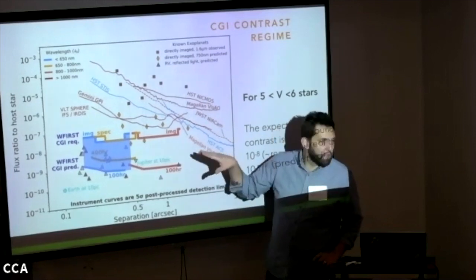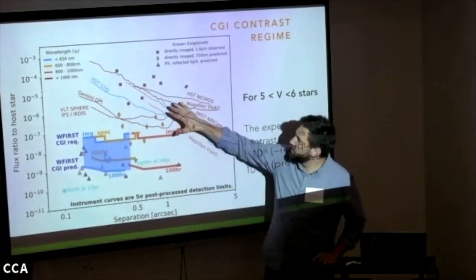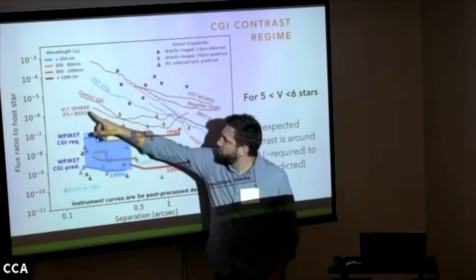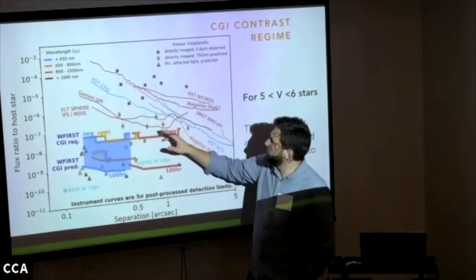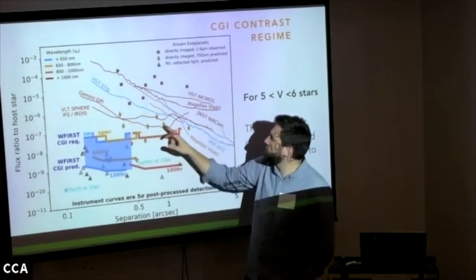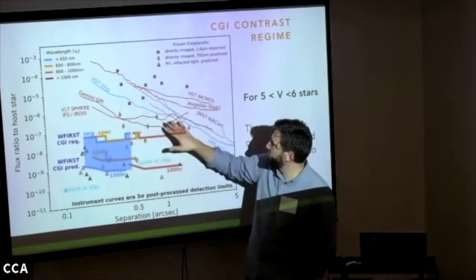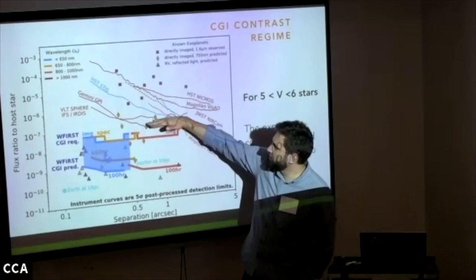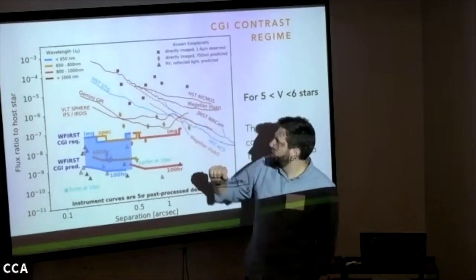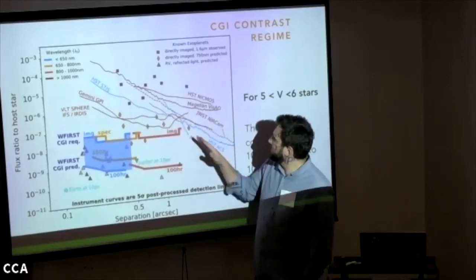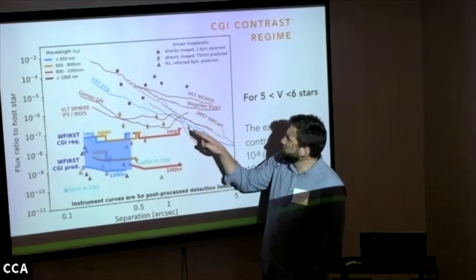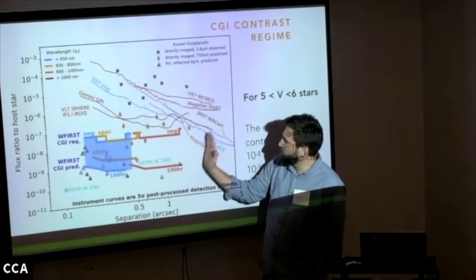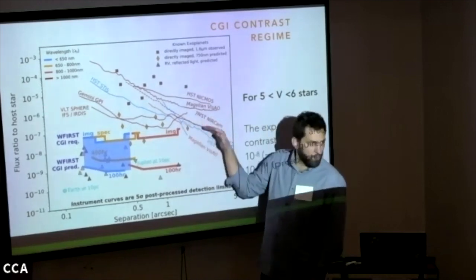This is the best ever achieved with SPHERE on Sirius, the brightest star. Some of the best maybe achieved with GPI, similar, about 10 to the minus 6, 10 to the minus 7. We think JWST would be competitive at larger separation, and it's going to start winning there.